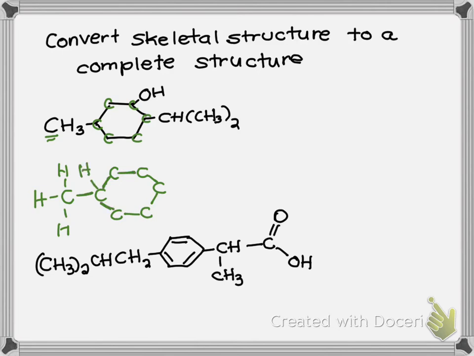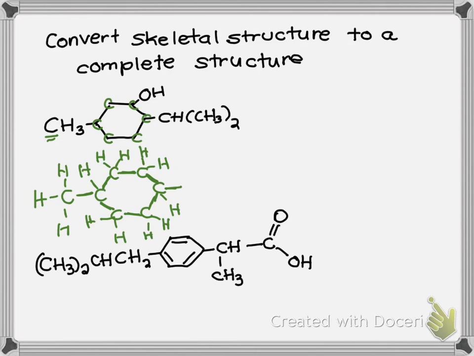This has 1, 2, that would need 2. 1, 2. This guy's going to have 1, 2, 3. 1, 2. When you start drawing the complete structure, you realize how nice condensed structures are, or skeletal structures.